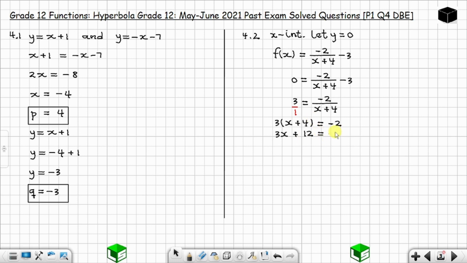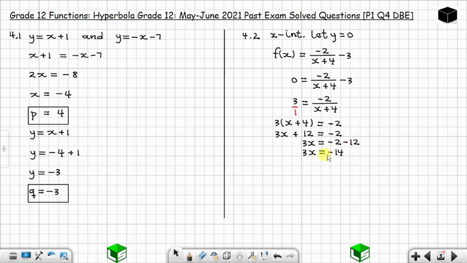This is equal to negative 2. You have 3x is equal to negative 2. You take the 12 to the right, it becomes minus 12. So 3x is equal to negative 14, right?